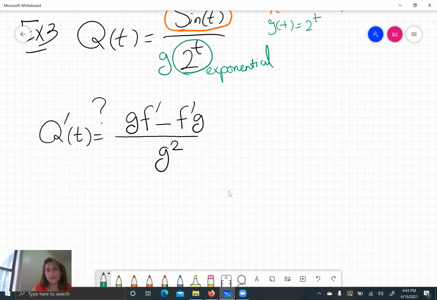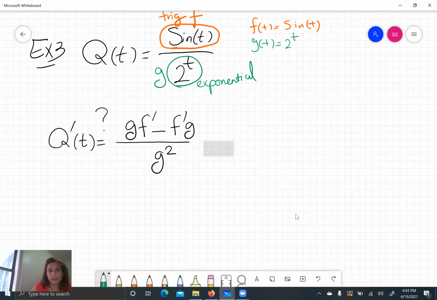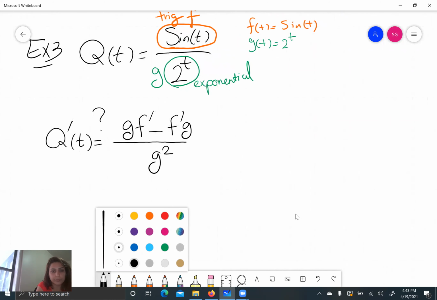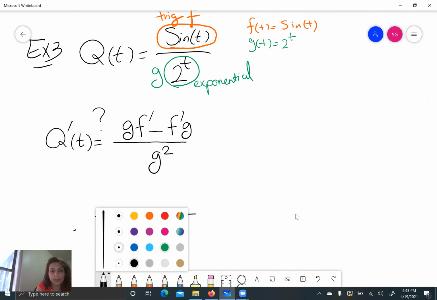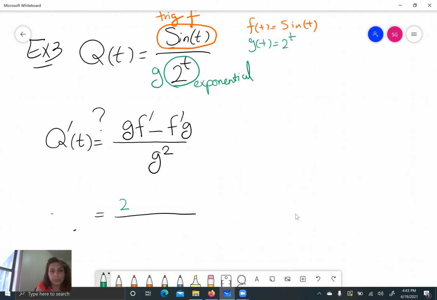Okay, so let's just substitute those values. What is g? g is 2 to the power of t, times f prime, where f is sine of t and we need to take its derivative, minus f times g.